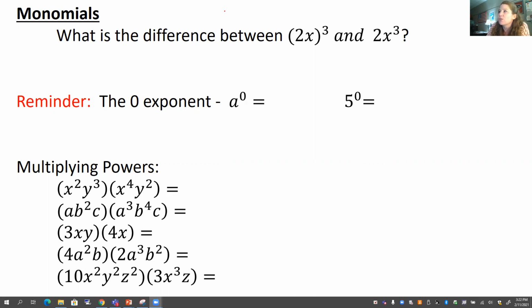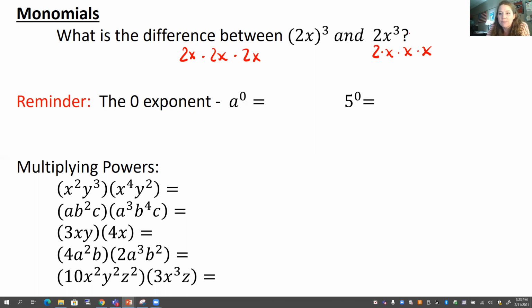So the first thing I want you to remember is that these two expressions right here on the top of the page are indeed different. This is like saying 2x times 2x times 2x. This one is saying 2 times x times x times x.